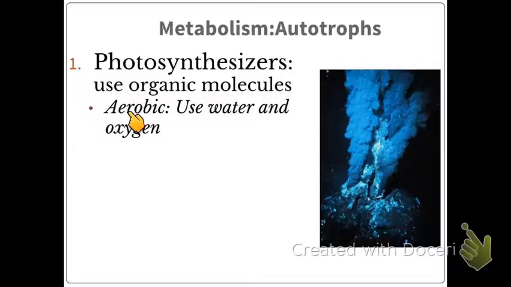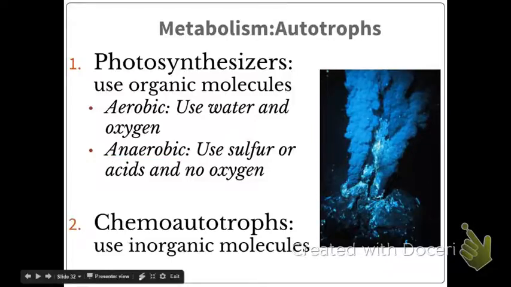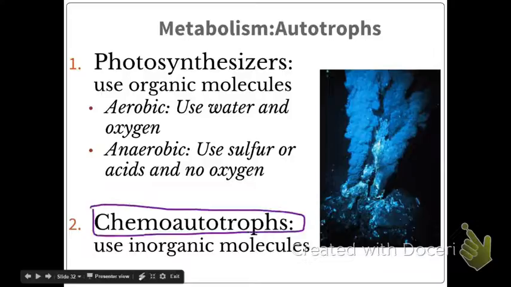So we've got two types of photosynthesizers, aerobic photosynthesizers. Aerobic means with oxygen, so it's going to be organisms that use oxygen and the sunlight. And then anaerobic is without oxygen, and it uses sulfur or acids to help create energy, but no oxygen. Another example is chemoautotrophs. So chemoautotrophs use inorganic molecules, chemicals.